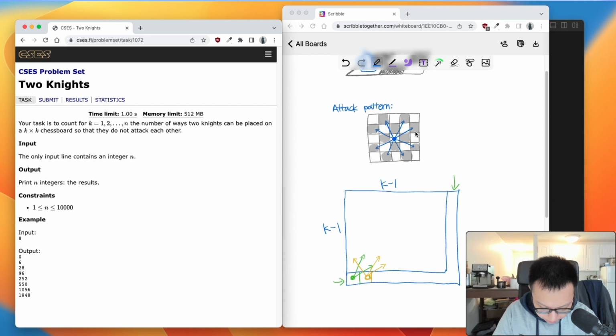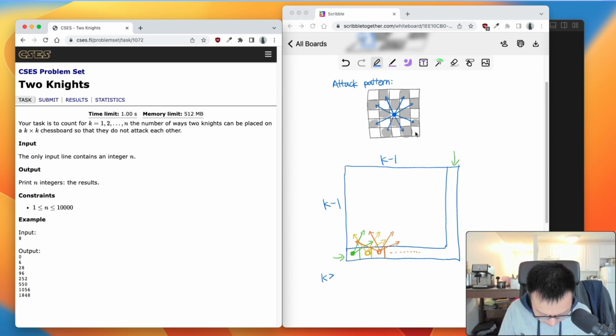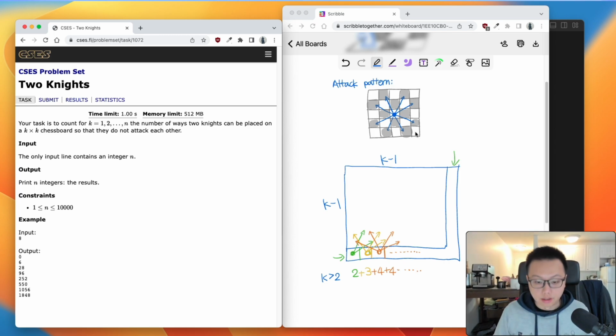And then starting from the third column, there are 4 different ways. So if k is greater than 2, the number of new ways to put two knights that attack each other starts from 2, then 3 possibilities, then 4 possibilities, and so on.